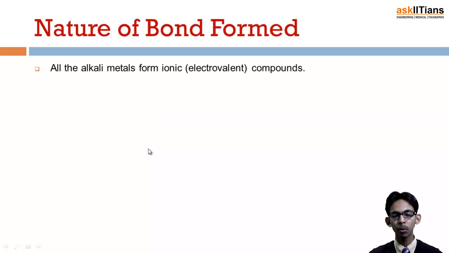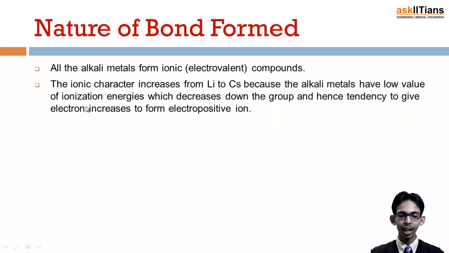So these all are salts, that means these are ionic compounds, and this is because alkali metals prefer to form ionic bonds. They form ionic compounds with non-metals, and this ionic character increases from lithium to cesium because the alkali metals have low values of ionization potential.